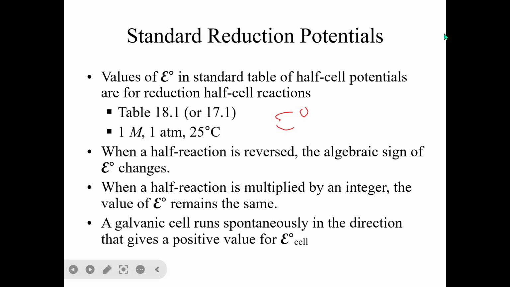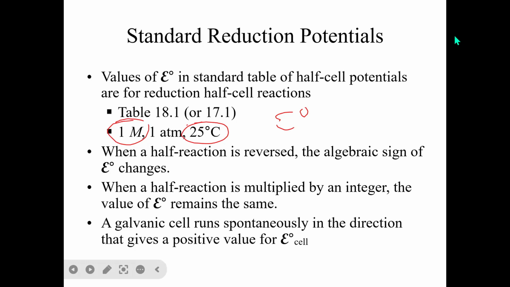Whenever we say standard electrode potential, it means a cell potential that occurs under standard condition, that is 1 molar concentration, 1 atm pressure, and room temperature, which is 25 degrees centigrade. So these are the standard conditions under which we consider cell potential as the standard reduction potential.